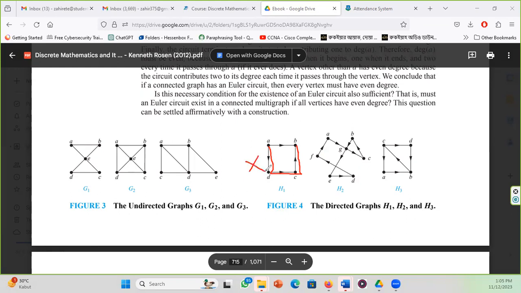H1 no, because you start from A and you cannot come back to A. H2, check. If you start from F, H2, already you touched G twice. Not possible. Sir, it cannot be done twice. No, exactly once.